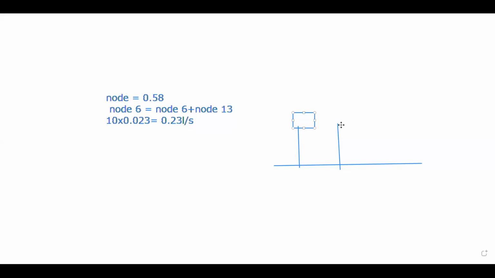House 1. House 2. House 3. Right? Now, if 50 liters per second is coming here, and this man takes 20.